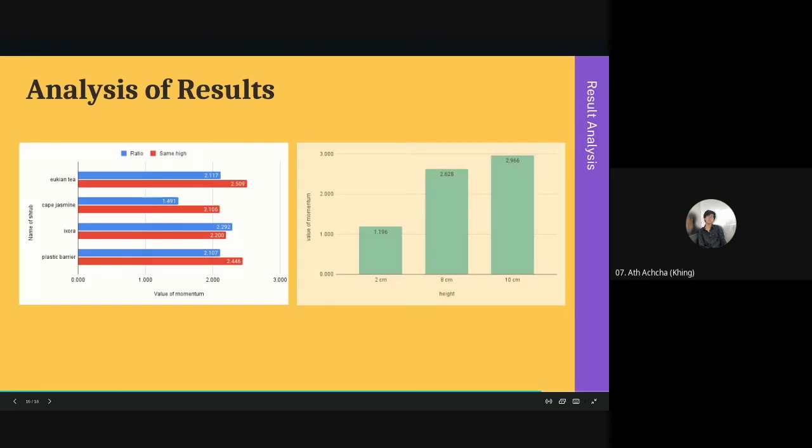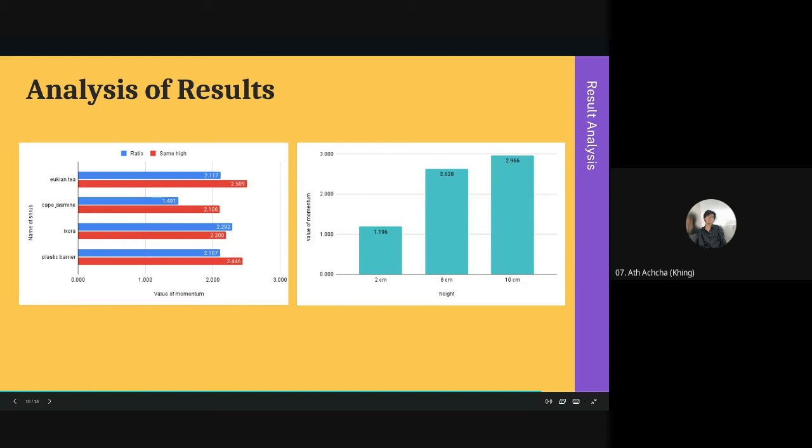Okay. And the last one is the analysis of the result in the part of the momentum. We use the data from the graph and the previous table to calculate the value of the momentum. We can assume that the barrier whose momentum value is the average is the one that makes the barrier safe.